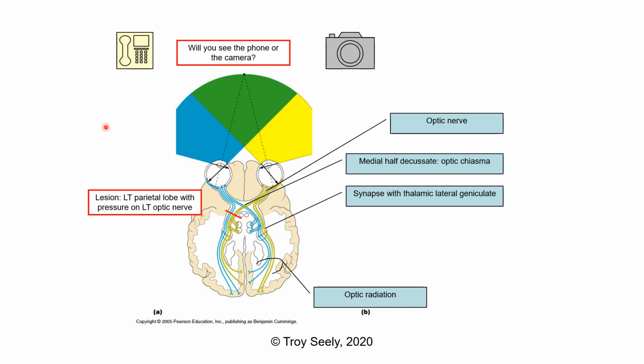Which comes around to the question, will you see the phone or the camera if we place it in a particular field? You'll see the phone, not the camera. Let's give a bit of an explanation as to why.